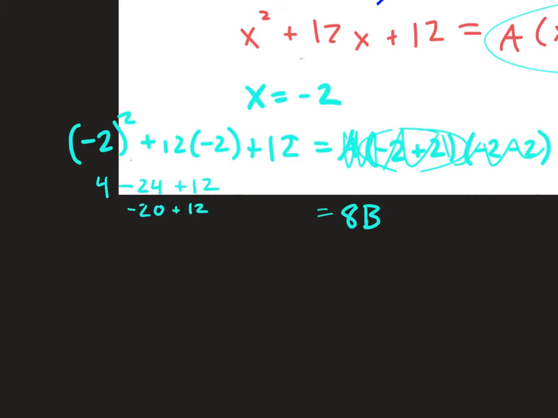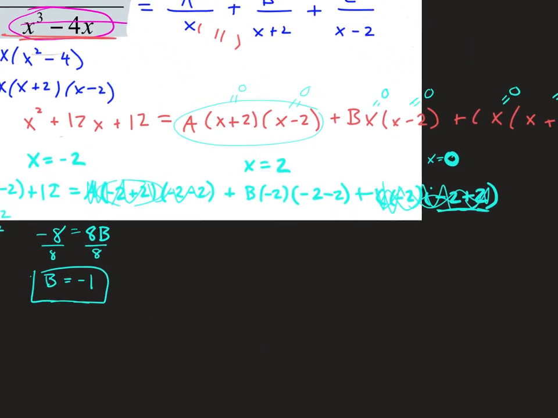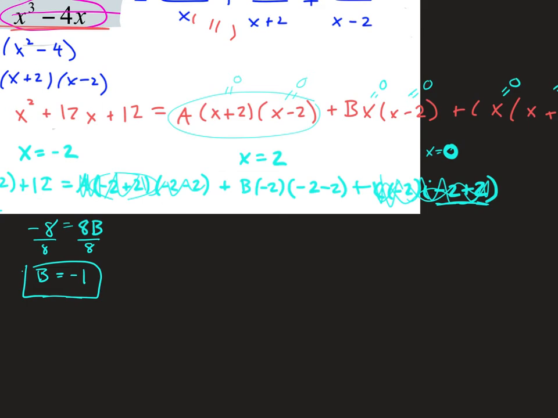And negative 20 plus 12 is negative 8. So negative 8 is equal to 8b. To solve for b, we have to divide both sides by 8. So what do we get for b? Negative 1. So we found b. Now we need to plug in 2.